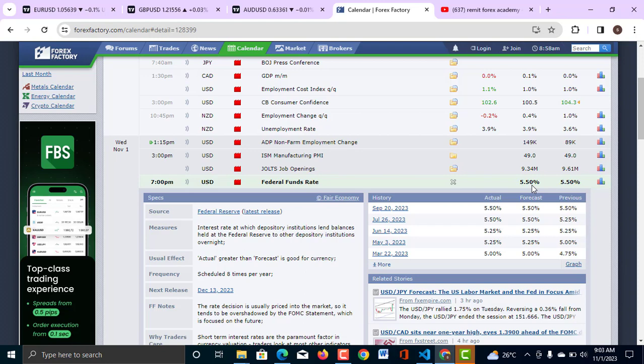So the very important thing you have to take away is that this is not certain. It's just a forecast, so it can be below forecast or above forecast. But one thing I want you to note is that the possibility of the Fed reducing interest rate is about 10%, the possibility of them leaving interest rate unchanged is very high, and the possibility of them hiking interest rate is about 30 to 40%.